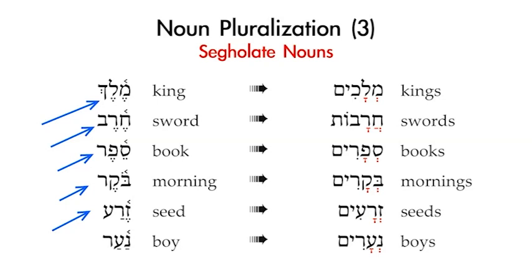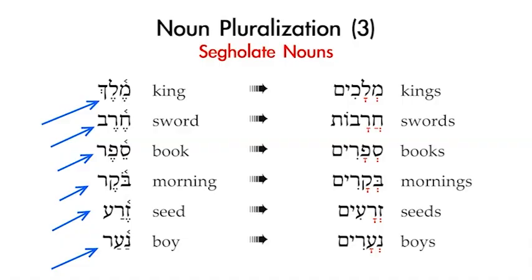Now, not all segolate nouns have segol in their spelling. Look at our last example, na'ar. Here you can see that we have two gutturals in the final position, the ayin and the resh, and so there's just a preference for that A-class vowel there. So the definition of a segolate noun is a two-syllable noun accented on the first syllable, but many of those will have segol or double segol in them.